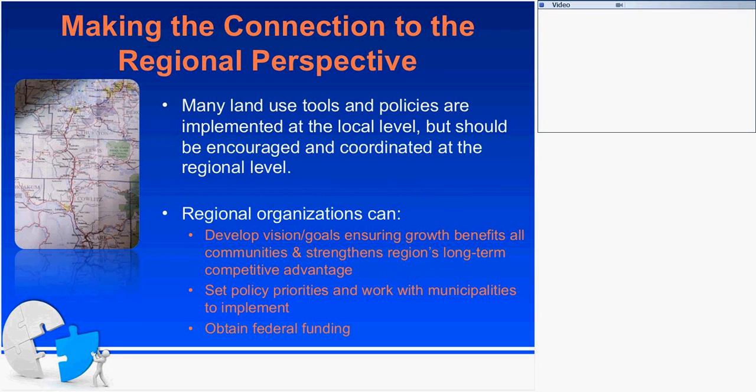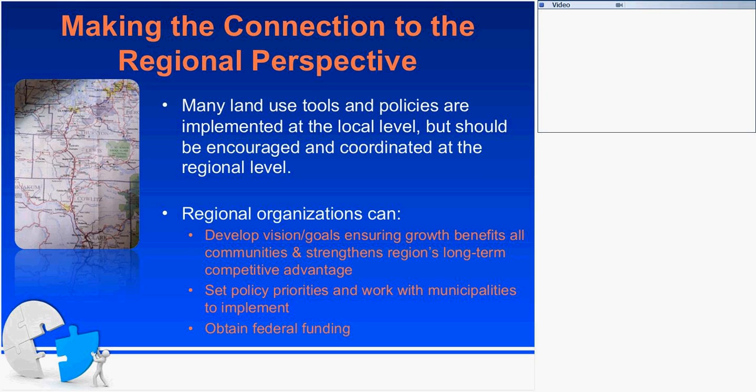And we wanted to include a slide here about the connection to the regional perspective because we realized that a lot of the land use tools that we discuss in this module are implemented at the local level, but that doesn't mean it's not important to talk about them and to coordinate them and encourage them at the regional level.